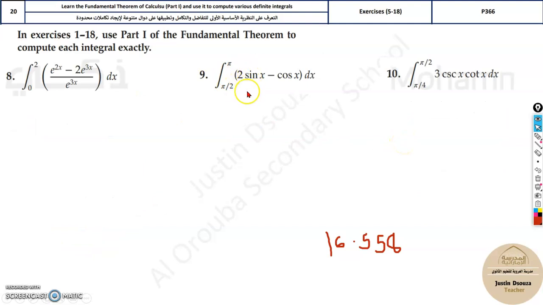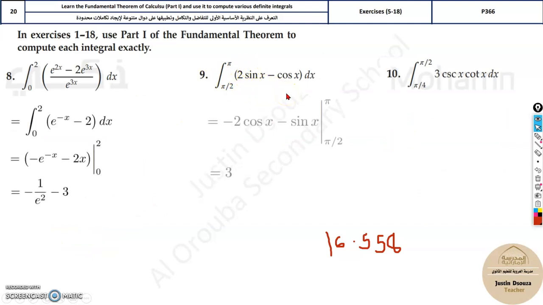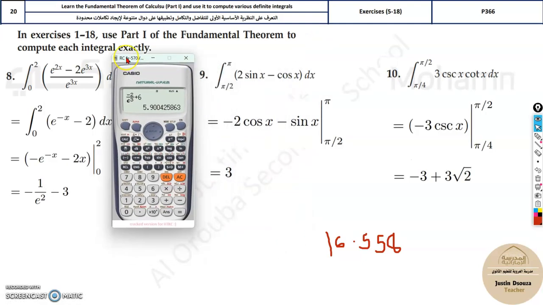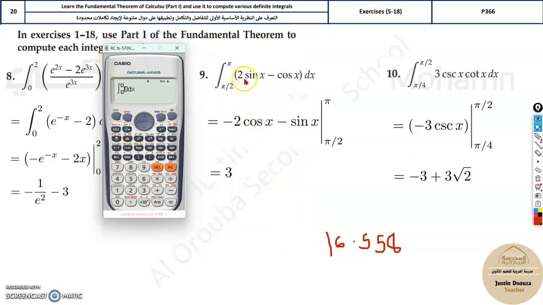Now over here, it's the same thing. All problems are very straightforward, but just remember when you have trig functions, let me do this last one. When we have trig functions: 2 sine alpha x, close the bracket, minus cos x. And now you put the value pi by 2, that is shift and pi divided by 2.